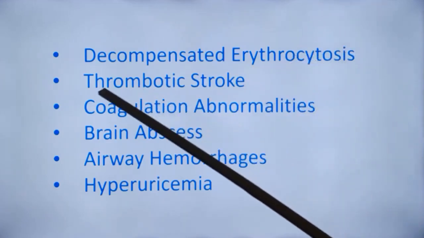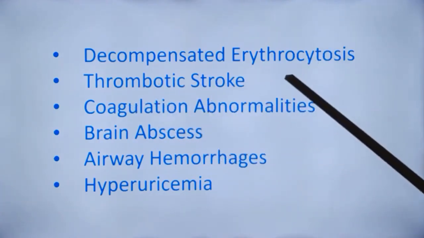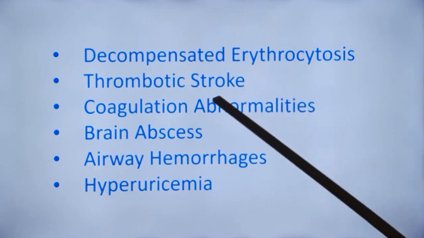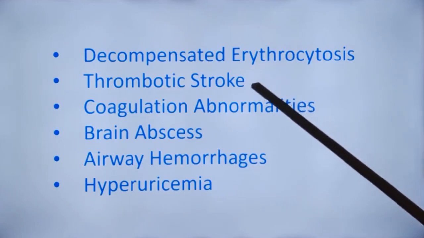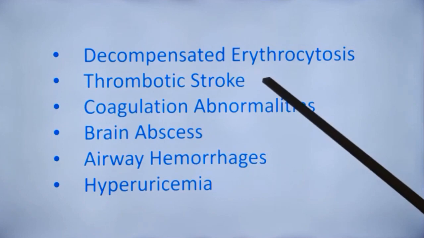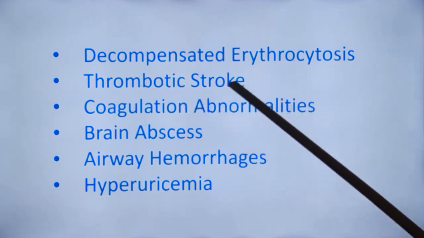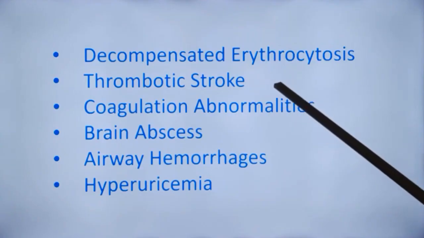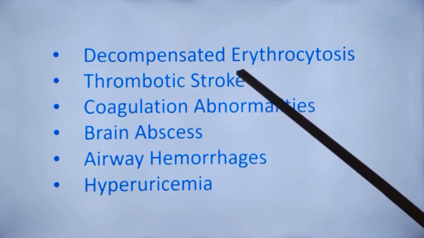And thrombotic strokes are also an important complication due to hyperviscosity, and they are more likely to occur if there is iron deficiency. So one has to be very careful about avoiding iron deficiency in those with Eisenmenger syndrome. For thrombotic stroke prevention also, avoiding iron deficiency is important.